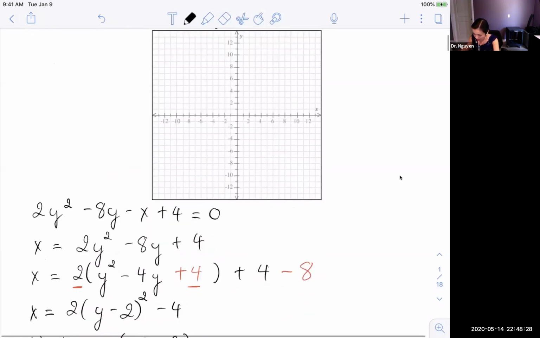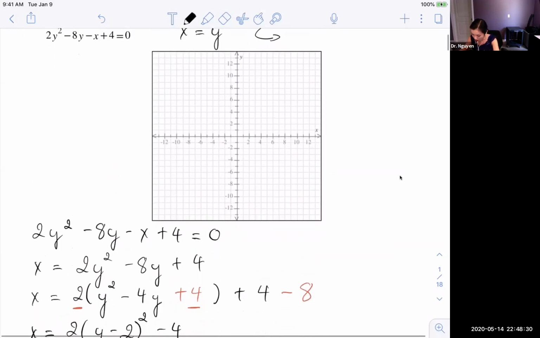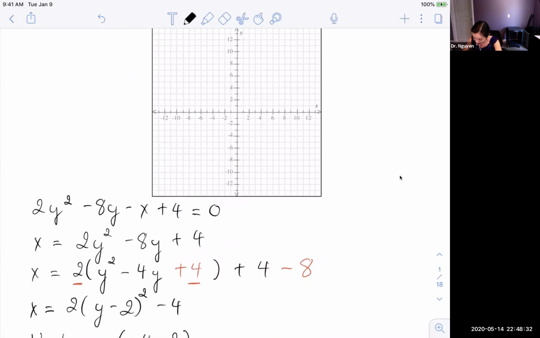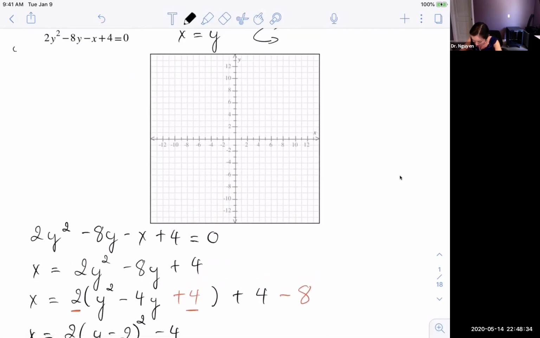Okay, so we're going to go ahead and plot the points. I'm just going to rewrite the equation so it's going to be easier for us to plot points. x equals 2 times (y minus 2) squared minus 4. Okay, so let's make the table. The vertex, like I said, you have to be very careful.